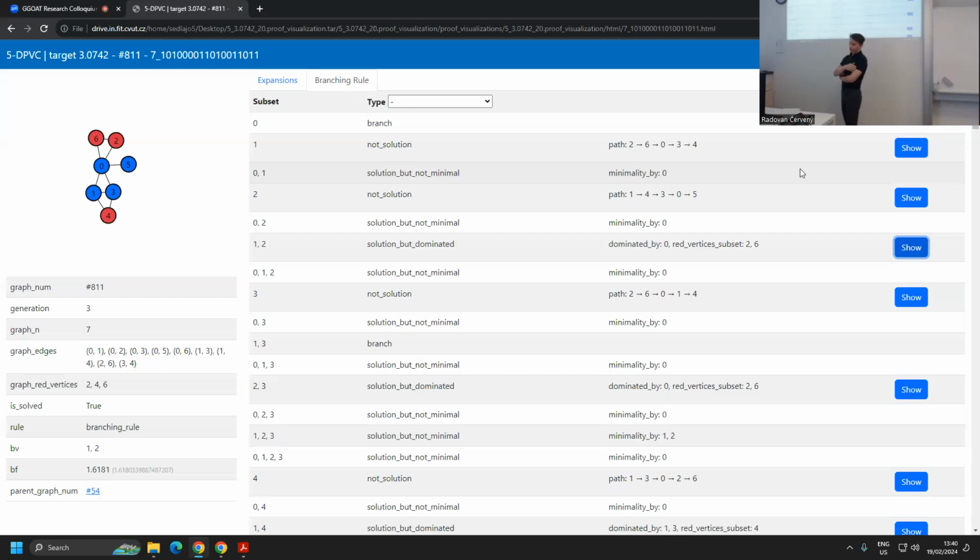Yes, exactly. I didn't say it explicitly, but the generating algorithm works for any set F. We just chose to apply it to Vertex Cover because we have some experience with it and we knew some reduction rules for it. What changes is the set F and the handmade rules.